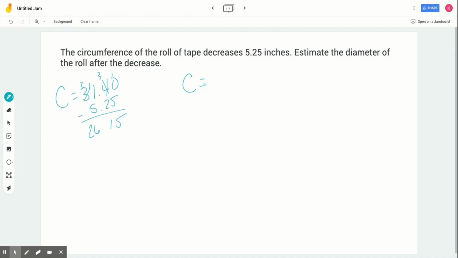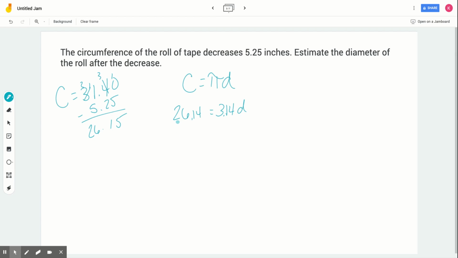So circumference equals pi times diameter. We know that that is the rule or the formula. We know that right here our circumference is 26.15 inches. We also know that pi is approximately 3.14.